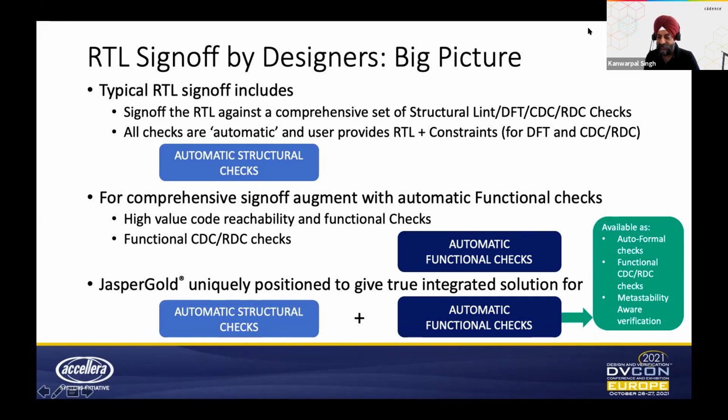And functional RDC and CDC checks in the CDC application, and also the metastability aware verification. If you bring all this together, that is where you can get better quality and faster sign-off. This may look like more work, but actually at the end of the day, this leads to faster sign-off of your RTL, because it really augments the checking and makes it much more efficient and productive.